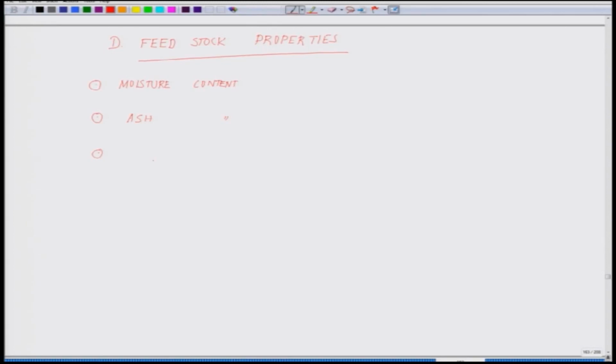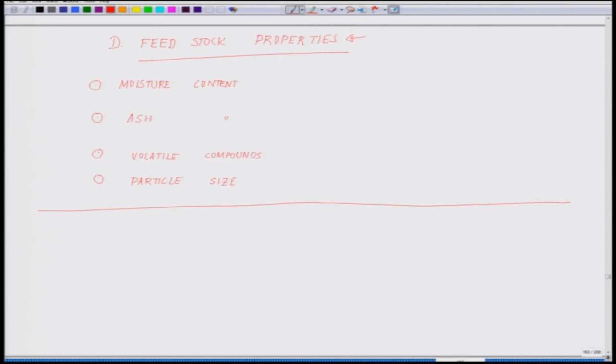Third, volatile compounds like terpenoids, and the fourth is particle size. They are all interlinked to each other. These are the 4 parameters while we talk about the feedstock properties.